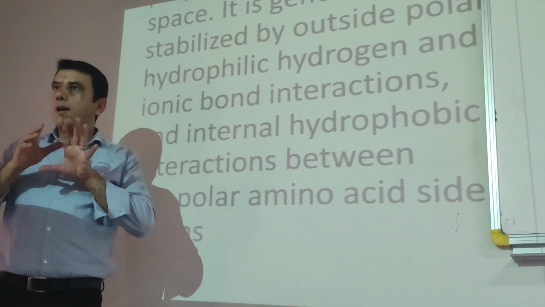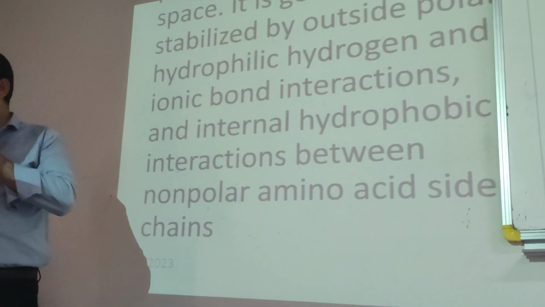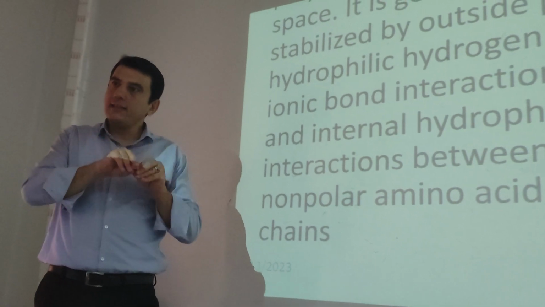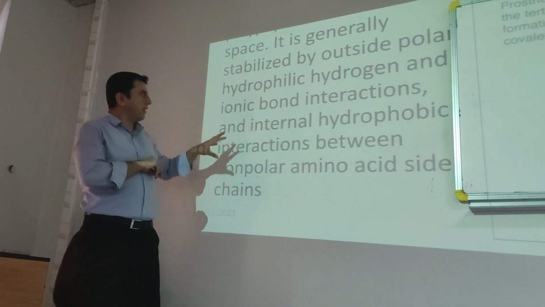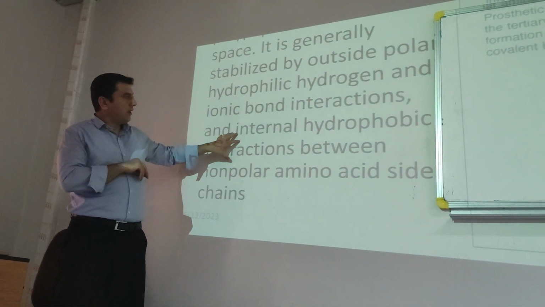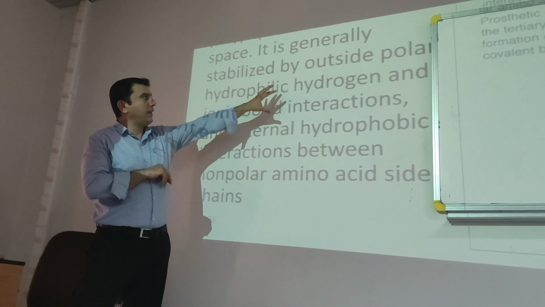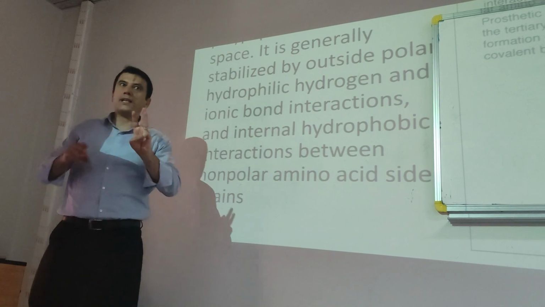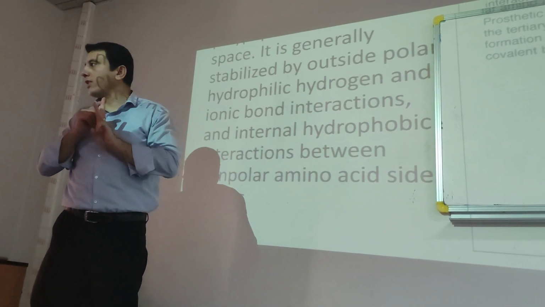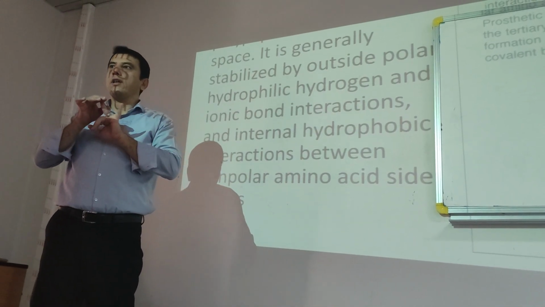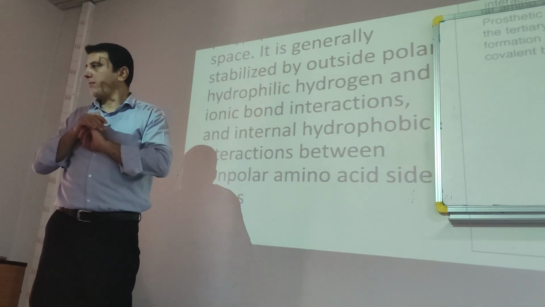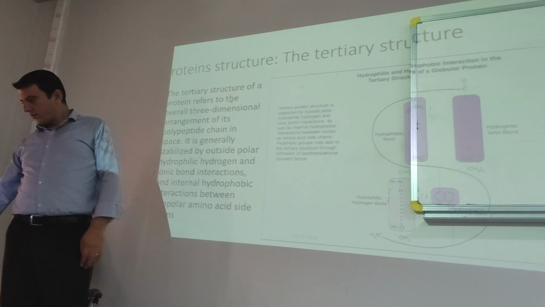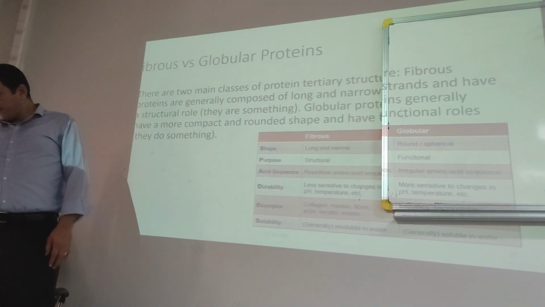So, what are the main interactions which stabilize tertiary structure? Ionic bond, hydrophobic interaction, and hydrogen bond. Three. For secondary structure, we have just hydrogen bonds. For primary structure, peptide bonds. The question is very easy.